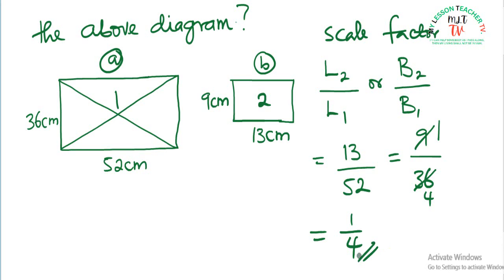Now that means that for you to reduce this further, just multiply either the length or the breadth by 1 over 4 and it gives you any of the sides, be it the length, the height, the breadth, or whatever. If the scale factor is 1 over 4, then just multiply, you get the new length. That is, if you multiply 36 by 1 over 4, it gives you 9. And if you multiply 52 by 1 over 4, it gives you 13. And that is how to get the scale factor.